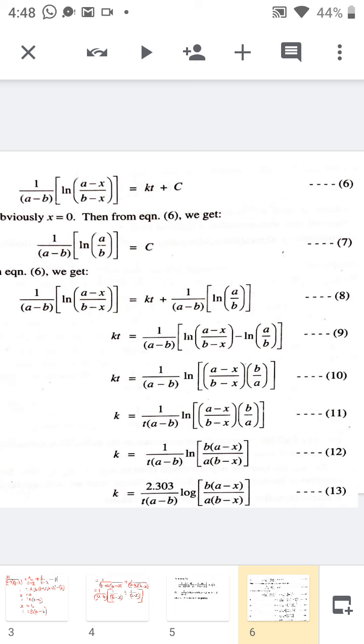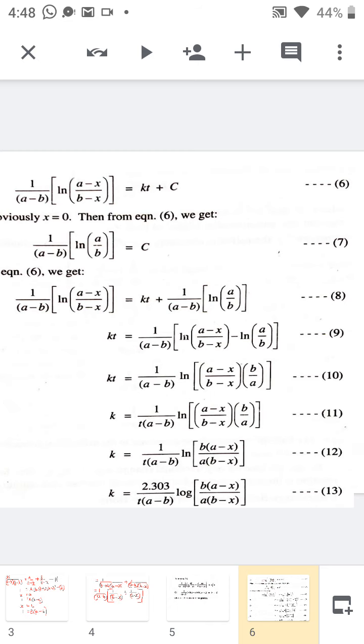If we rewrite our equation, the integrated rate expression for the second order reaction having two different reactants a and b becomes k equal to 1 by t(a minus b) into ln [b(a minus x) divided by a(b minus x)].